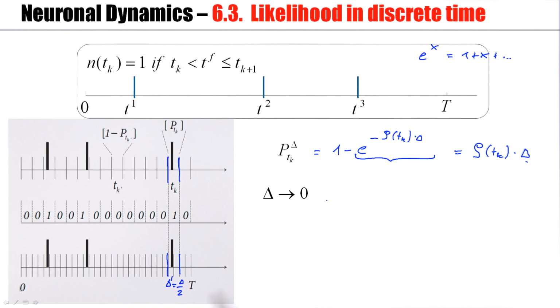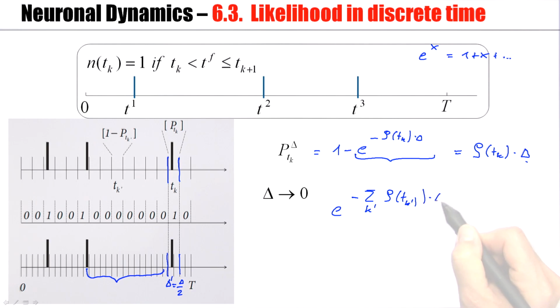Now, all the survival terms that I have for the silent periods have the form e to the minus sum over k prime of rho of t k prime times delta.